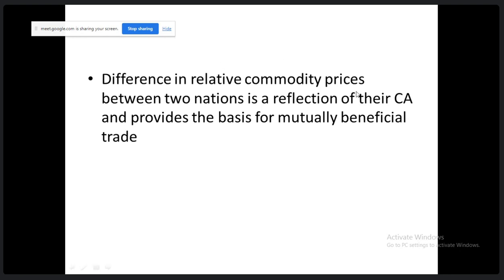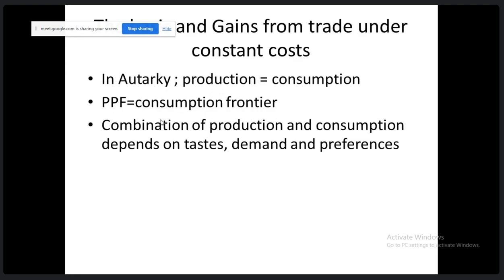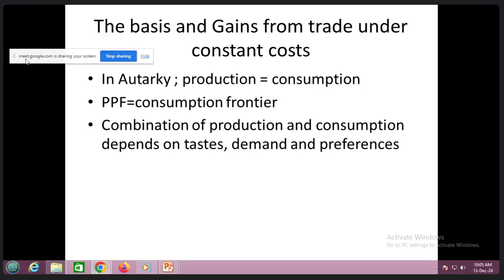So the difference in the relative commodity prices between the two nations is the reflection of the comparative advantage, and that is how trade is going to become mutually beneficial. So the basis of trade is opportunity cost in this third theory. Okay, in fact the fourth theory, because we also have done mercantilism. So the basis of trade is opportunity cost differences, which is going to make the difference in the relative prices.